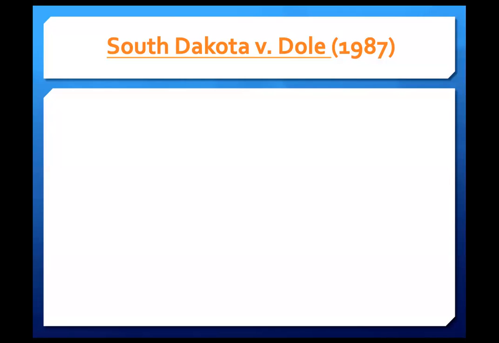Now, South Dakota versus Dole in 1987 was decided before we had the modern Rehnquist court revival of the 10th Amendment that really came in the 1990s. But the court took on the question of whether or not Congress can attach strings to federal money to try to nudge the states to pursue a particular policy that Congress likes.